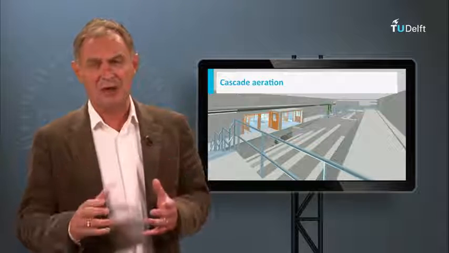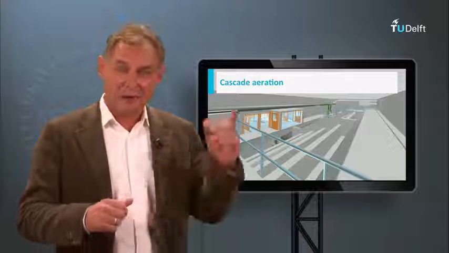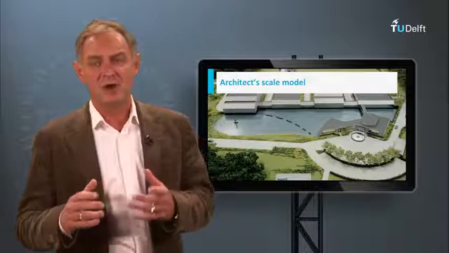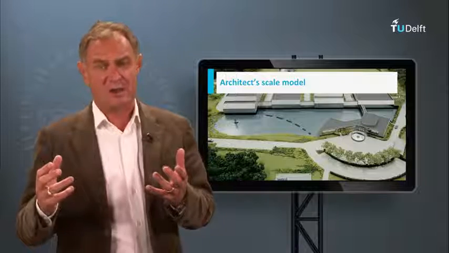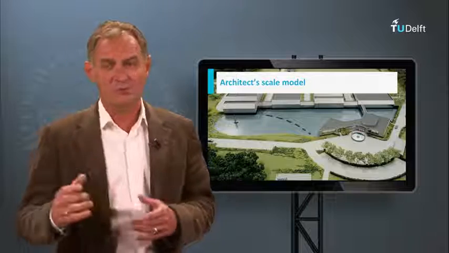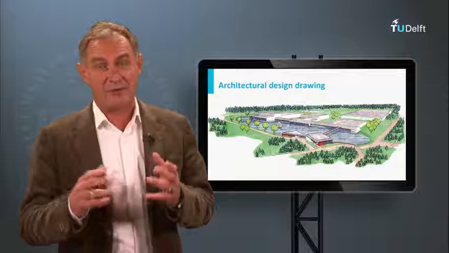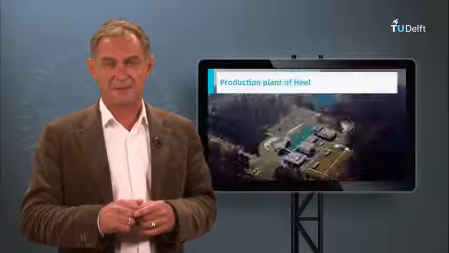The functional design can even be shown by 3D visualization techniques as demonstrated for cascade aeration. The functional design of the treatment building should be made in good cooperation with the architect. Normally, the treatment building is part of a protected natural area where restrictions apply for buildings fitting in the environment.